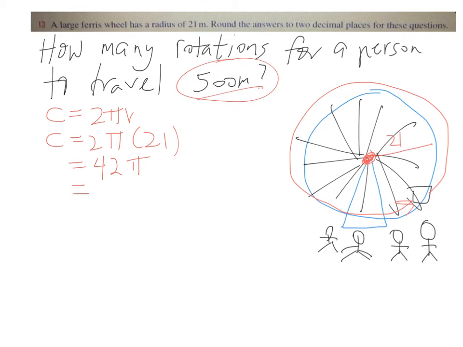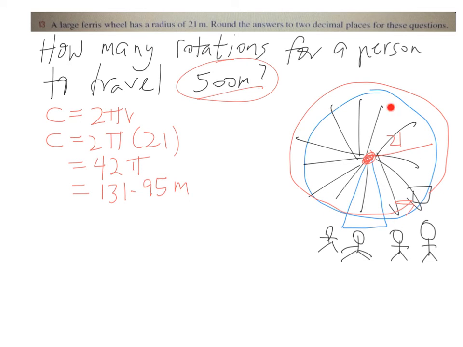I'll just type that into my calculator. 3.14 times 42. And we end up with 131.95 metres. So that's how much they go around in one rotation.